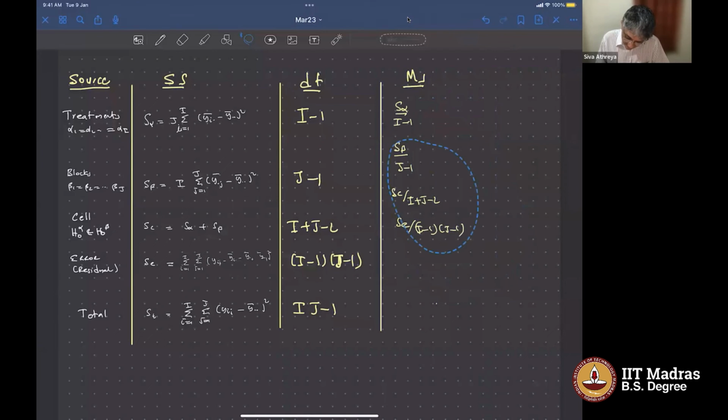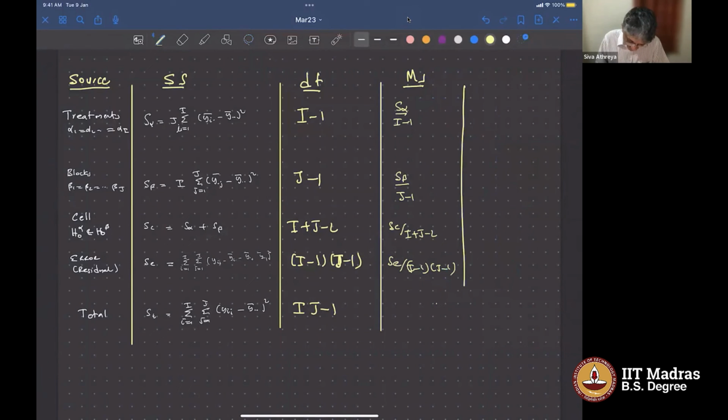To do the final testing, all you do is look at the F statistics. You have two F statistics, one for the treatments and one for the blocks, based on the mean squared.